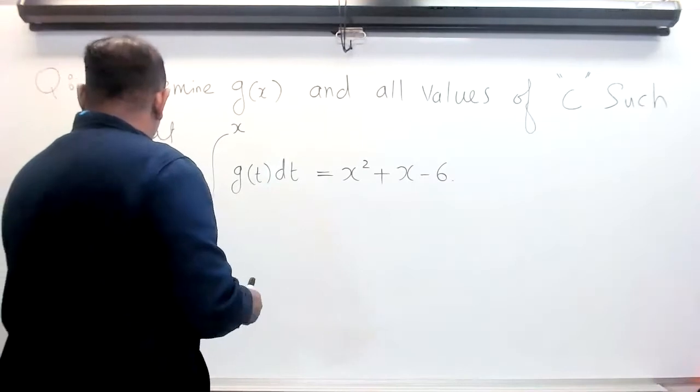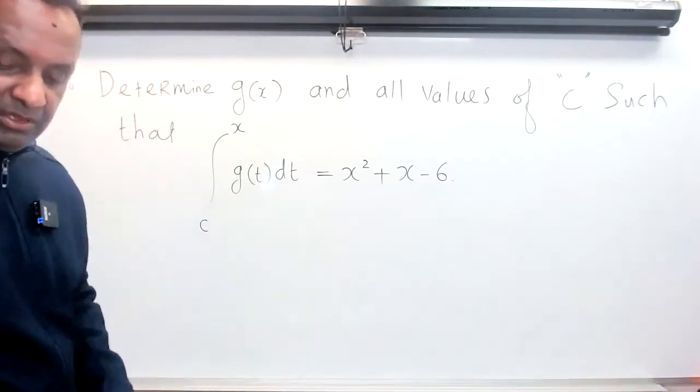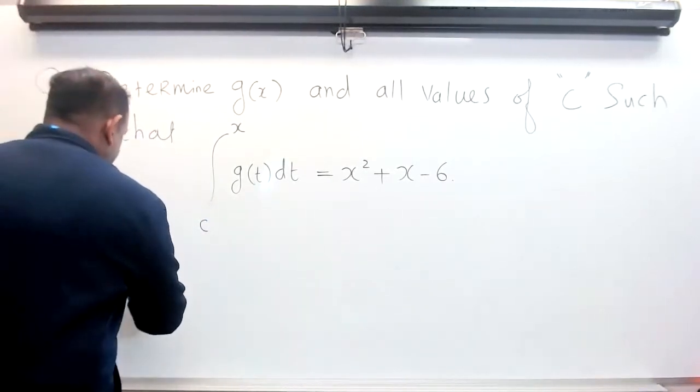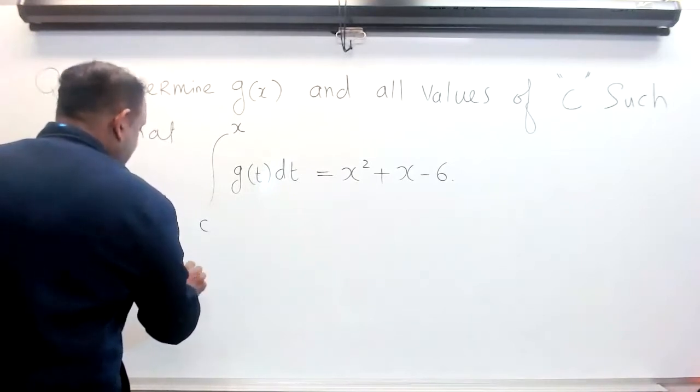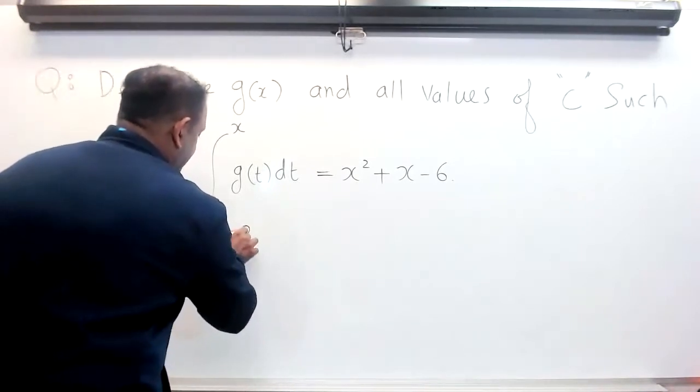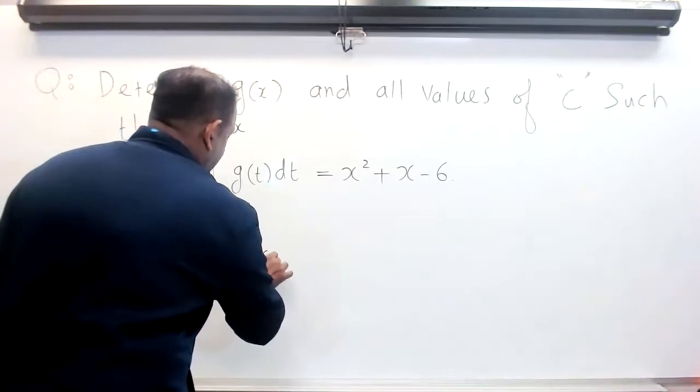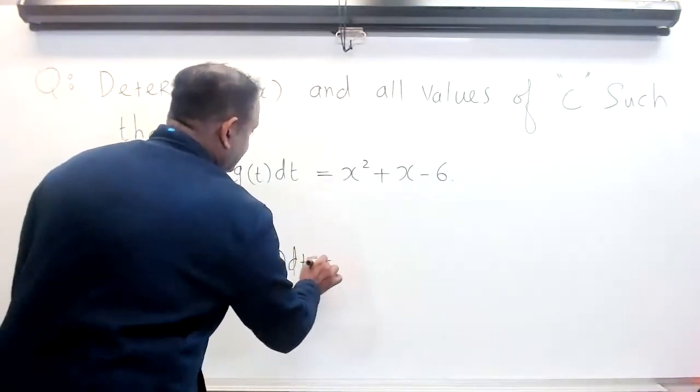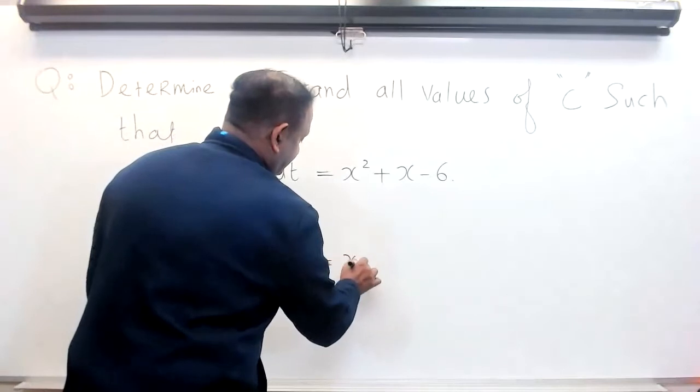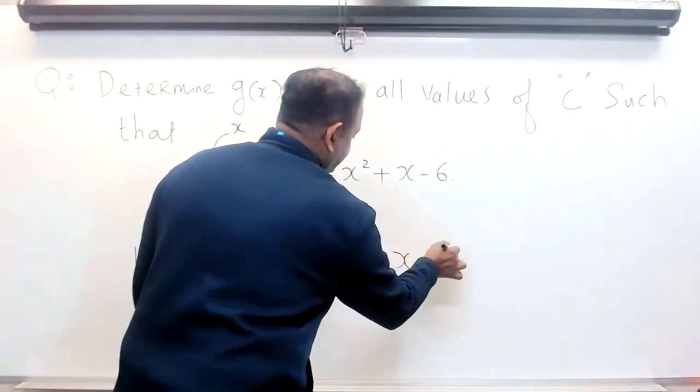To make it more professional, let this integral from c to x of g(t) dt be nothing but x squared plus x minus 6.